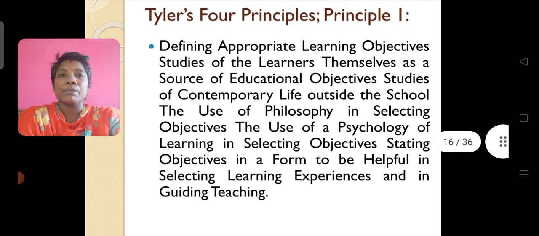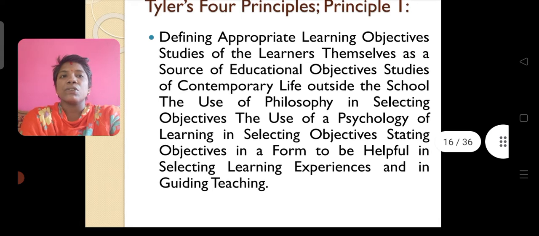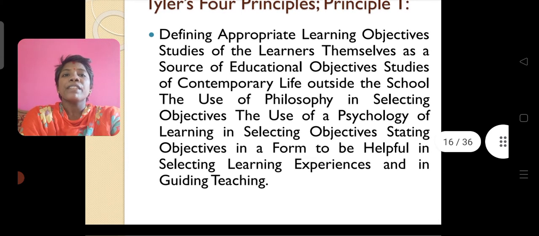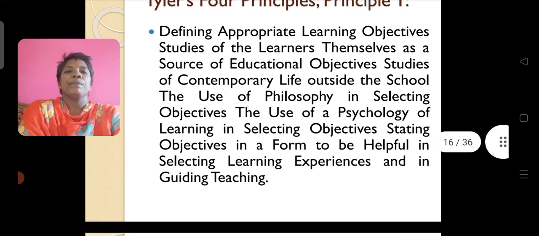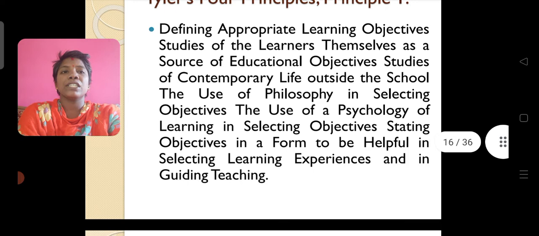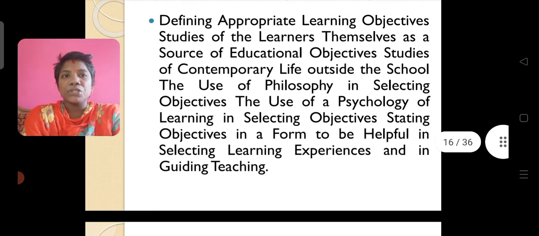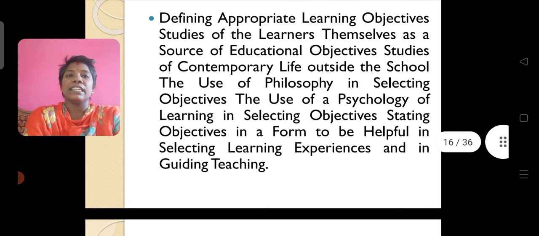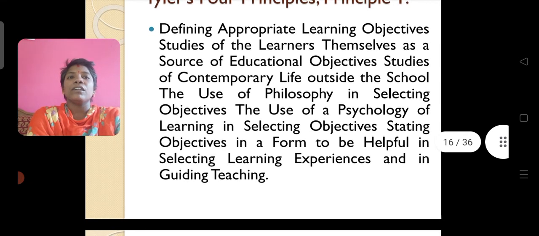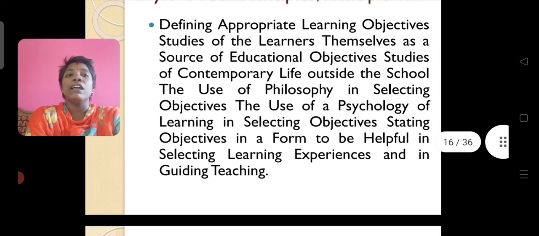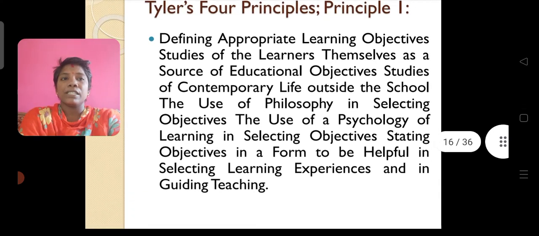The first principle, defining appropriate learning objectives: studies of the learners themselves as a source of educational objectives, studies of contemporary life outside the school, the use of philosophy in selecting objectives, the use of psychology of learning in selecting objectives, and stating objectives in a form helpful in selecting learning experiences and guiding teaching. So the contemporary life outside of the school, in educational objectives, how people outside of the school are, that is what we give in the objectives.